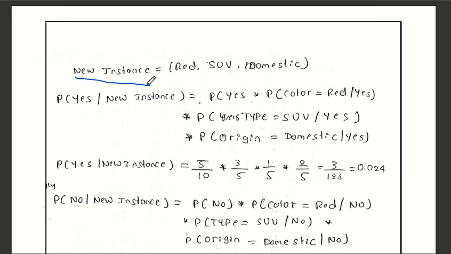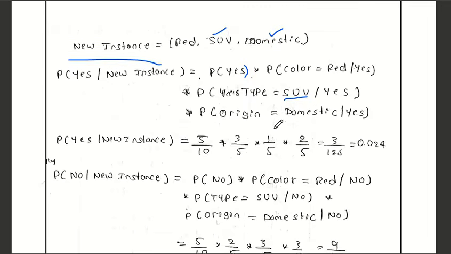They have given the instance with red, SUV and domestic. With the new instance, you start with P of yes, closed bracket, multiplied by P of color equals red given yes, again multiplied by P of type equals SUV given yes, and P of origin equals domestic given yes.